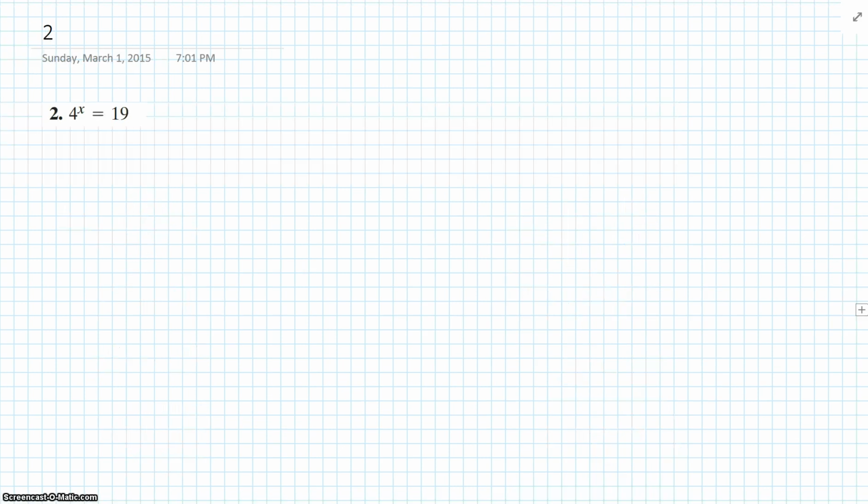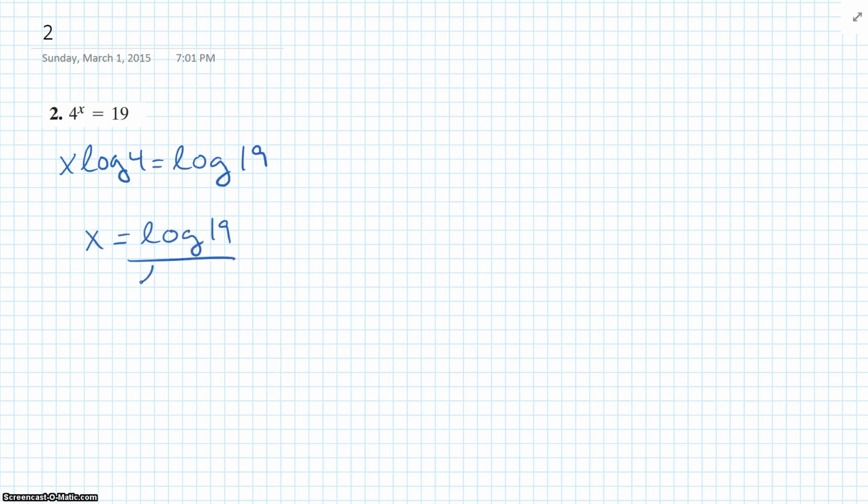All right, evaluate. 4 to the x power equals 19. So we can say x equals, let's just do it the long way for this one. Let's write x log of 4 equals the log of 19. So x equals the log of 19 over the log of 4.